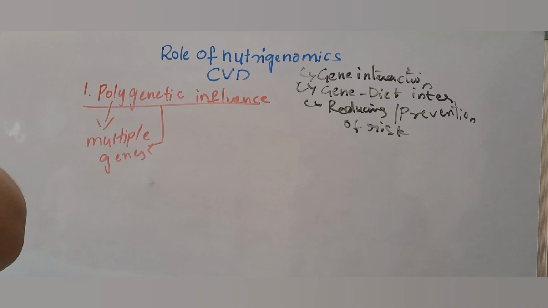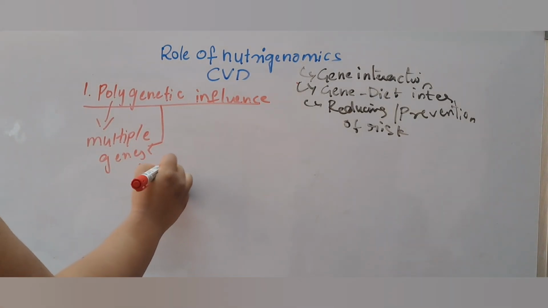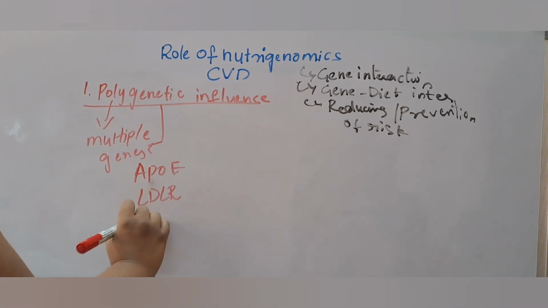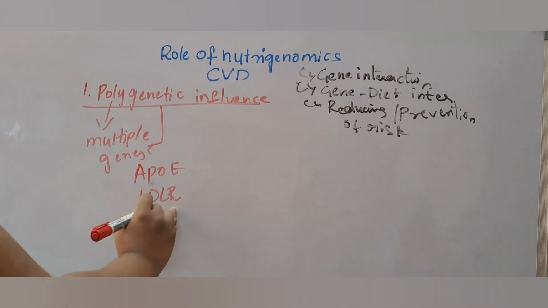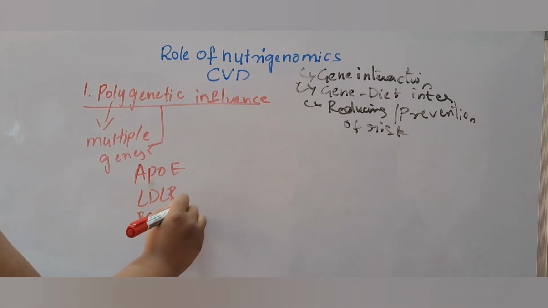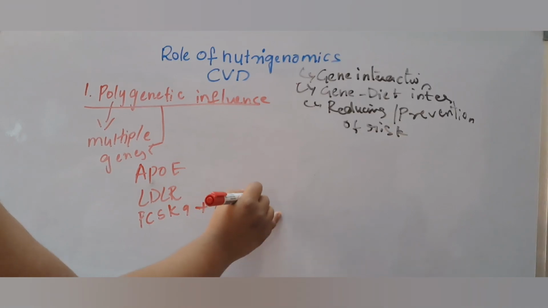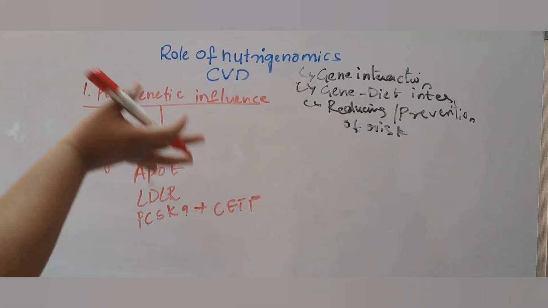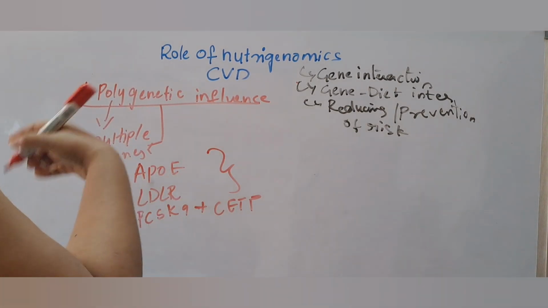For example, the APOE gene, LDLR gene, PCSK9 gene, or CETP gene. These are some of the genes that regulate cholesterol, blood pressure and inflammation.